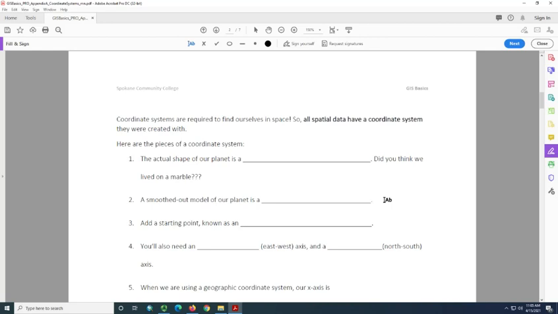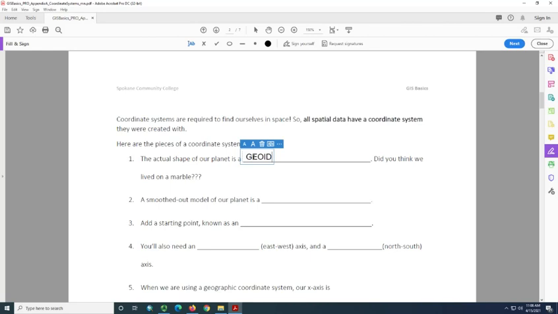And that gets a little bit more complicated than a flat sheet of paper, right, in a Cartesian coordinate system. So if we're looking at our Earth, the actual shape of our planet is known as a geoid, okay? And so in our mind's eye, we might imagine that the Earth is a beautiful little marble, one of those marbles with green and blue.